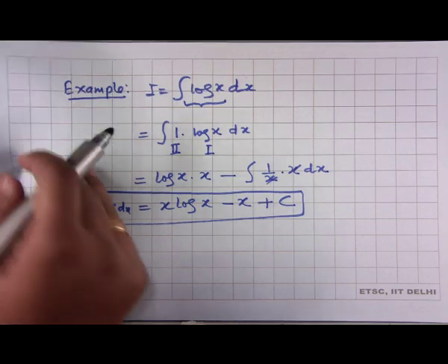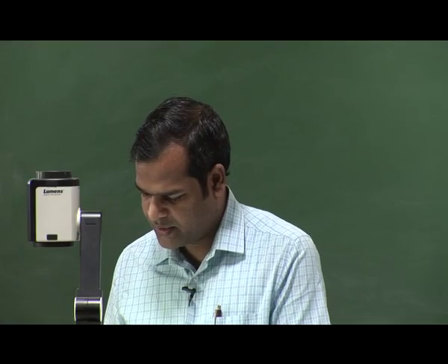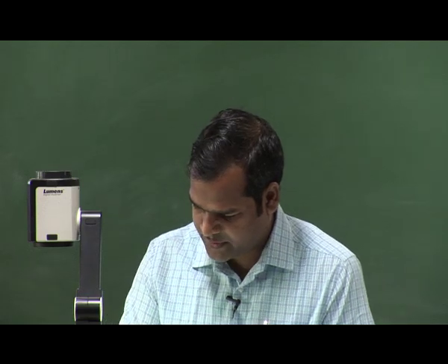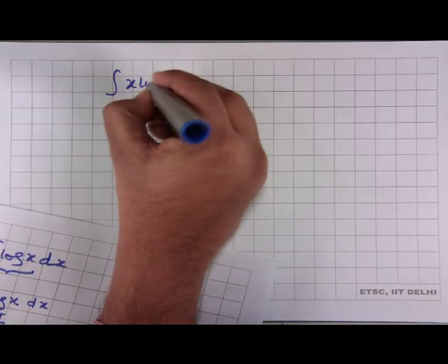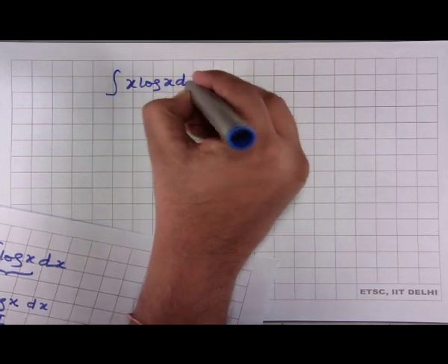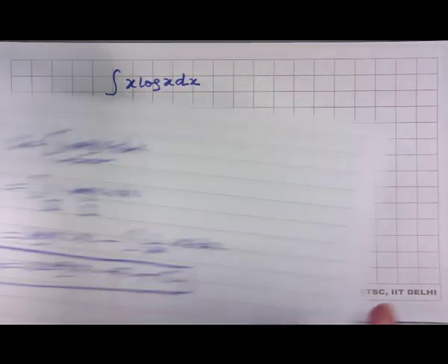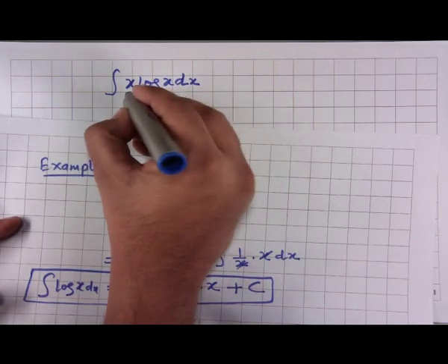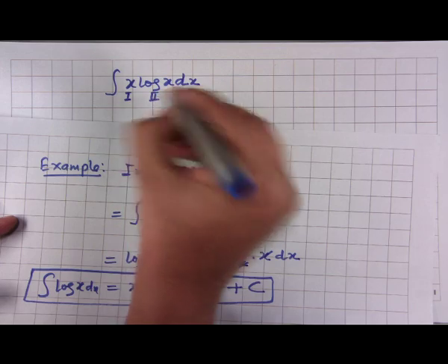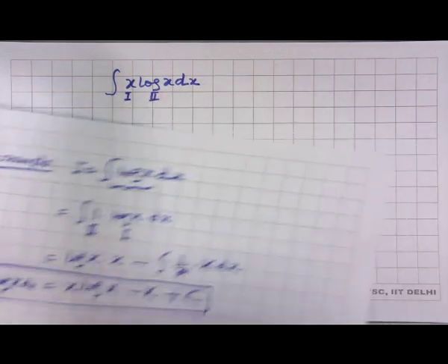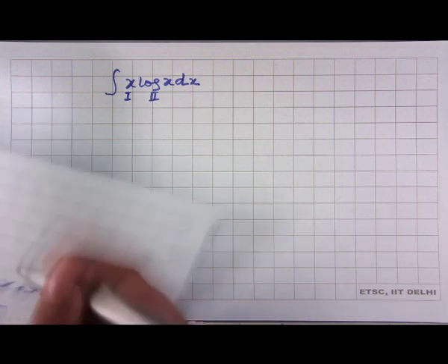So, if I want to go back to the integration of x log x, as I told you, if I choose this as the first function and this as the second function, and since it is a simple function, I can do it without caring about the ordering.